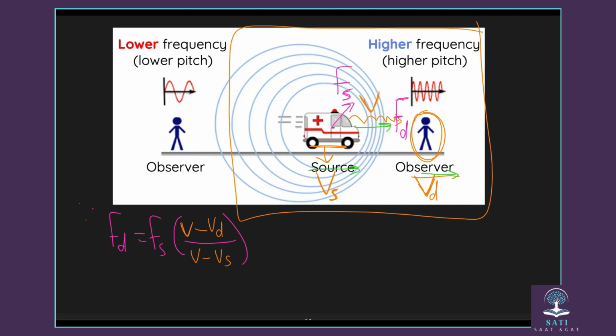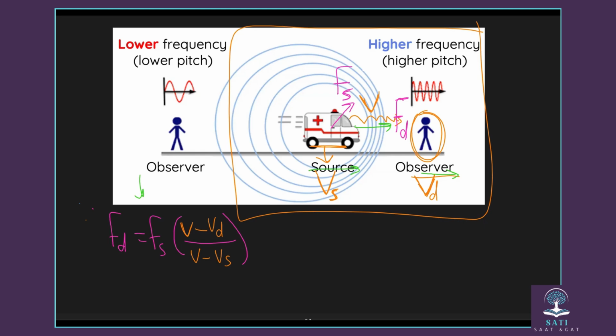So the three velocities are in the same direction. If the three velocities are moving in the same direction, you apply this formula as it is, without changing the signs of the variables. That means V_D will remain V_D and the sign that is here is negative.